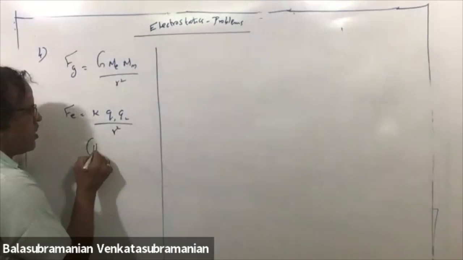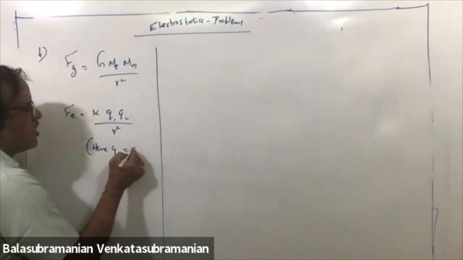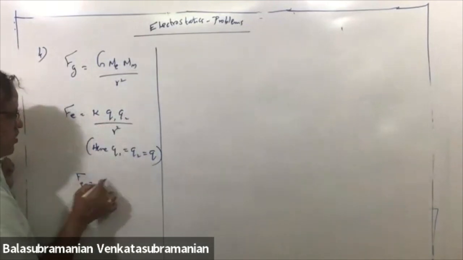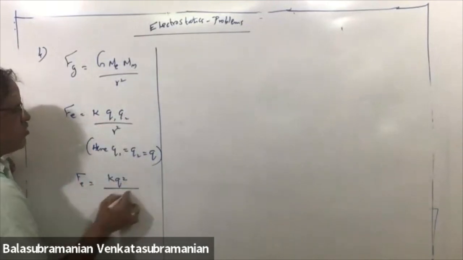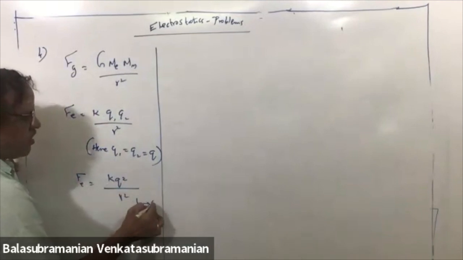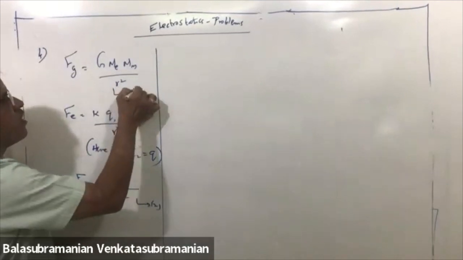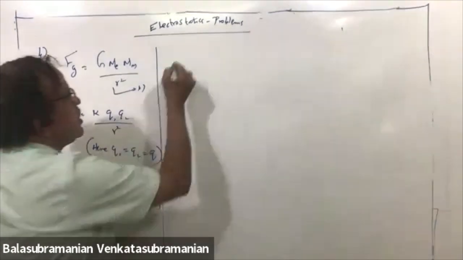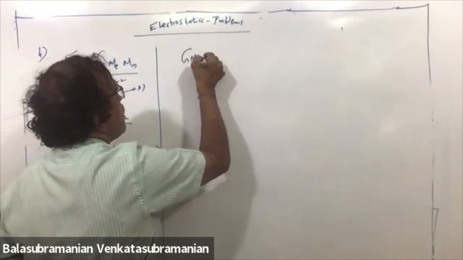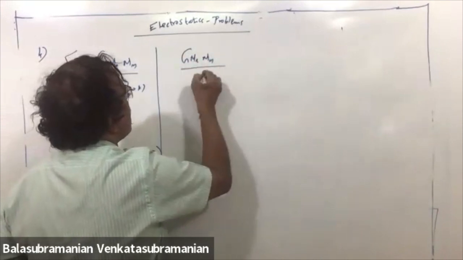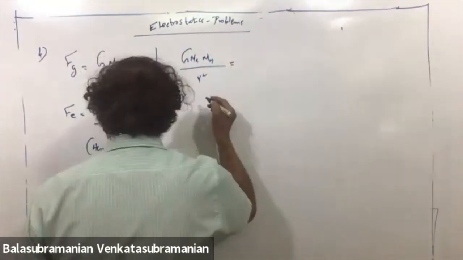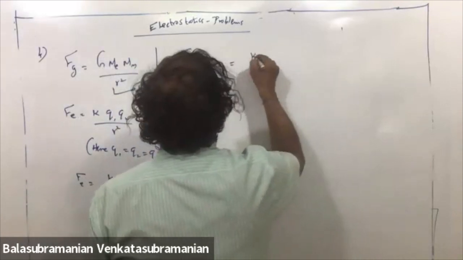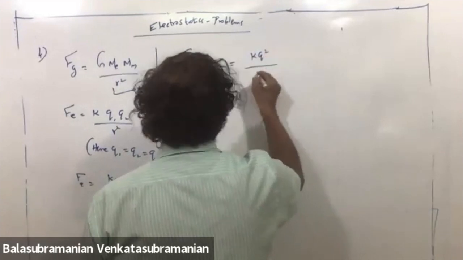So here Q1 is equal to Q2 is equal to Q. So I can write F is equal to KQ square by R square. Equate this to G ME MM by R square is equal to KQ square by R square.